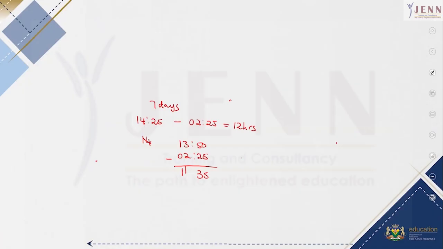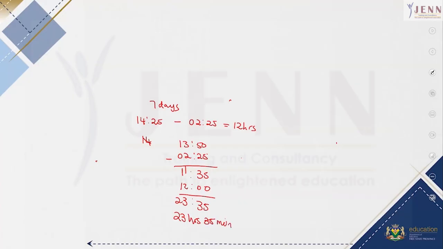It's only 23 hours and 35 minutes. So I'm going to add that 12 full hours to 11:35. 11 plus 12 is 23, meaning it's 23 hours and 35 minutes.